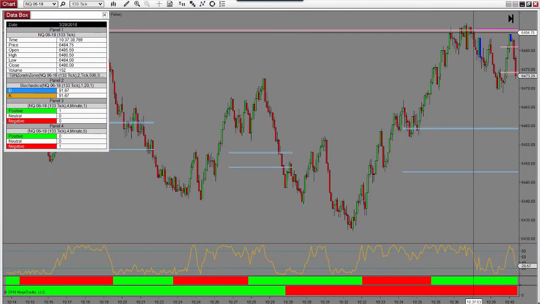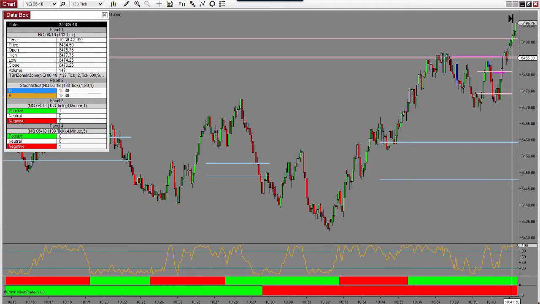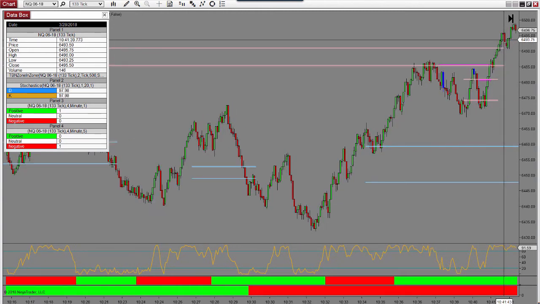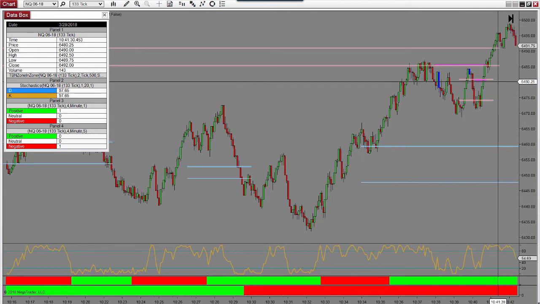I would have re-entered and then stopped again. And then it looks like I would have had another entry right there. Oh wait, never mind, I don't have divergence in there. I'm green and red.